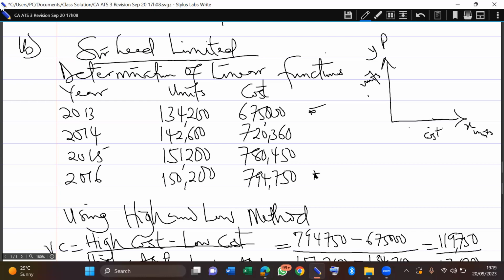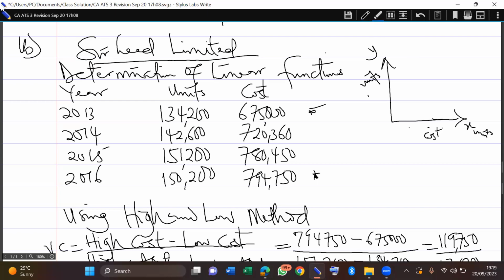So which one is actually cost? Which one is actually unit? X is for cost. Y is for unit.